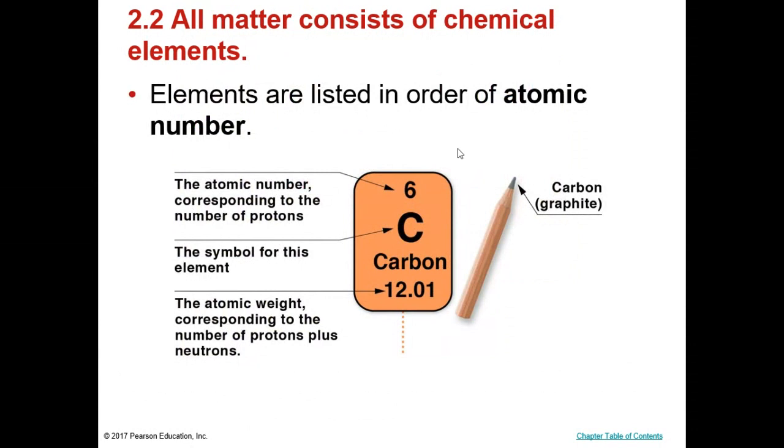That's what the periodic table is for: to arrange all of the elements that have been discovered, using the periodic table and these symbols. Each one of the elements contains a symbol. For example, carbon, one of the most important elements for life, is represented by C, as you probably already knew.